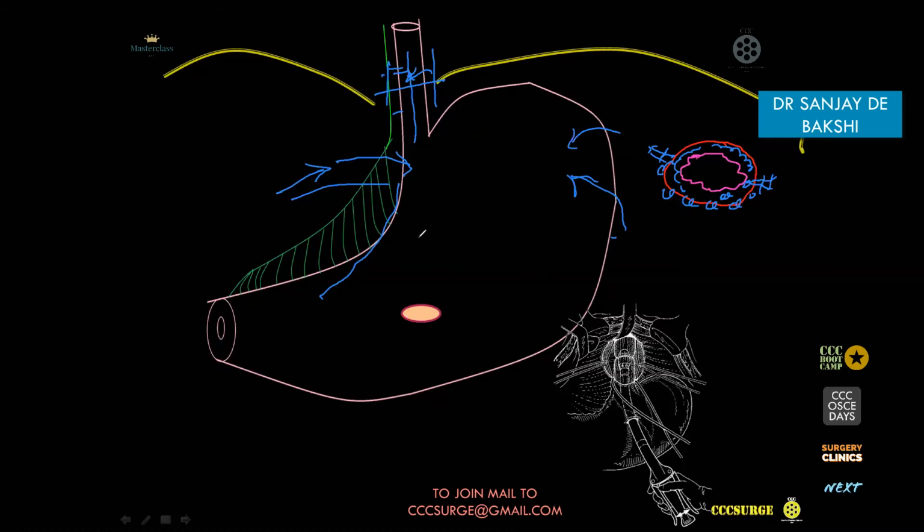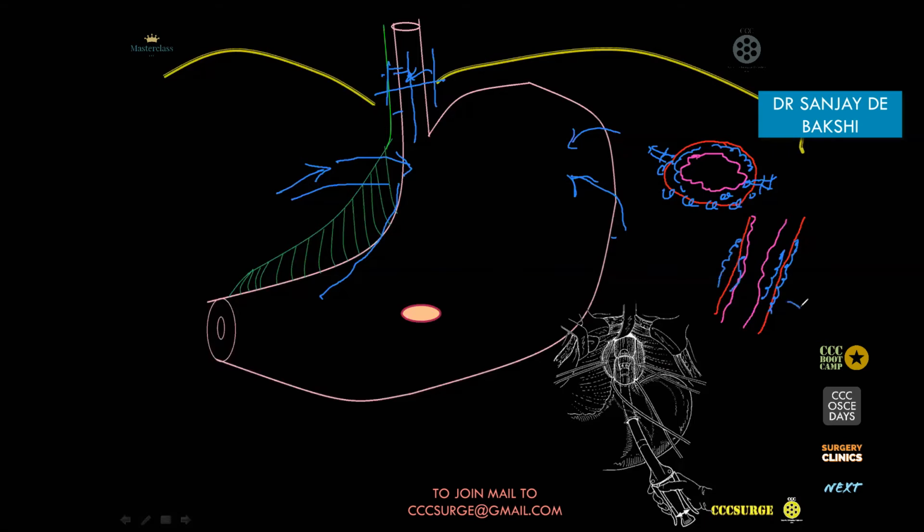Okay, if I draw it for you, that's the esophageal tube. That's the mucosa. And you have blood vessels on the surface and inside.